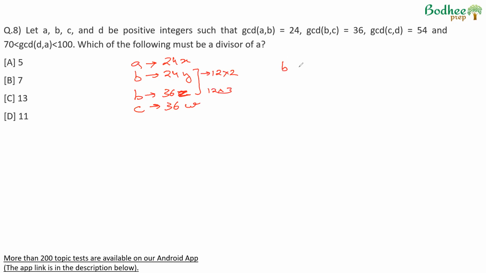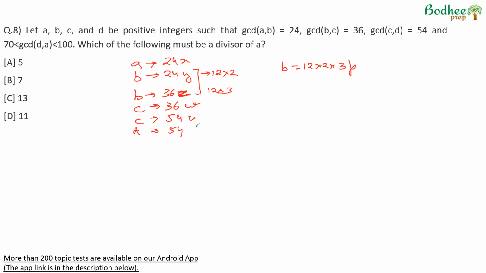So B has to be of the form 12 into 2 into 3 into something. Suppose I am combining this and I am writing 12 into 2 into 3 into P, where P cannot be 2 or 3. Again, if you look at C further, the HCF of C and D is 54.